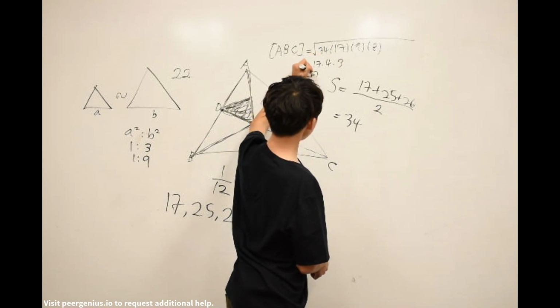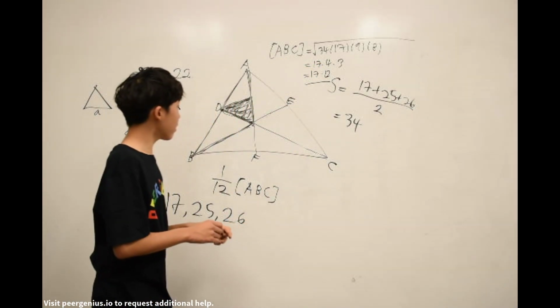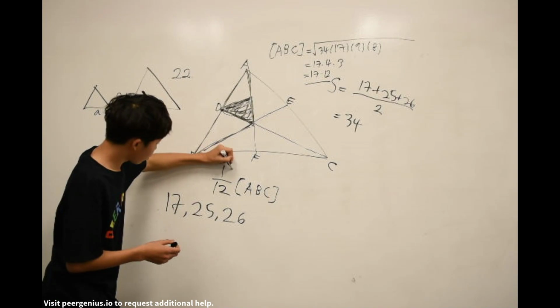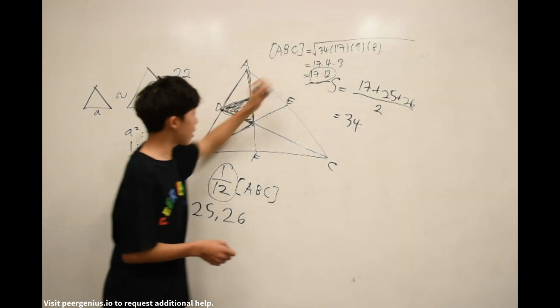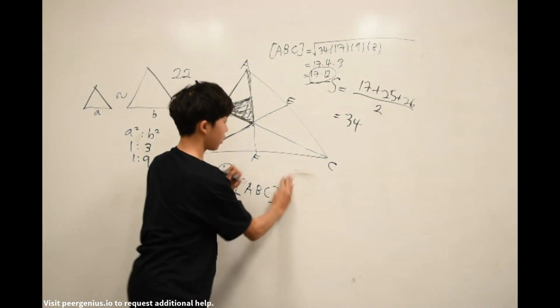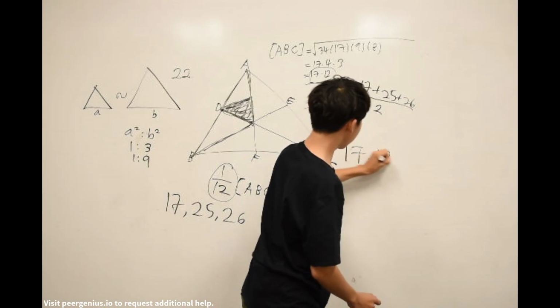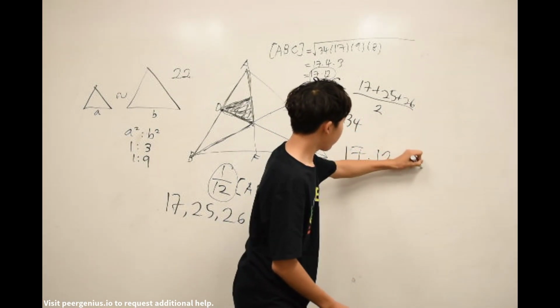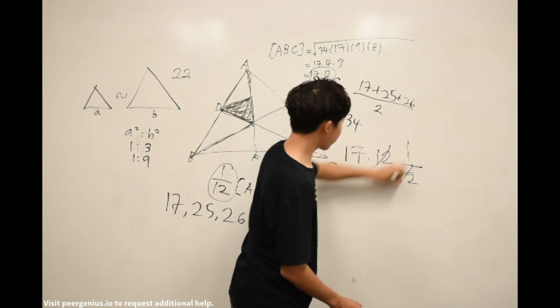Before multiplying these, we're just going to keep it there because we're going to divide it by 12. So if this is the area of ABC, 17 times 12, and we divide this by 12, these two cancel out.